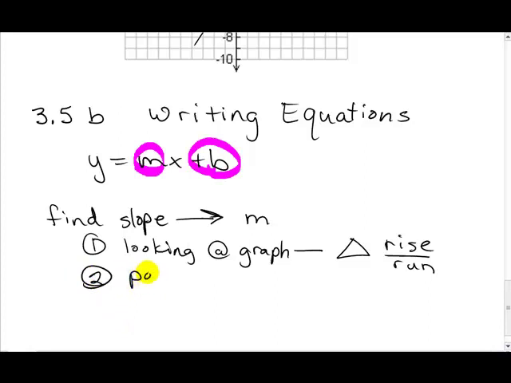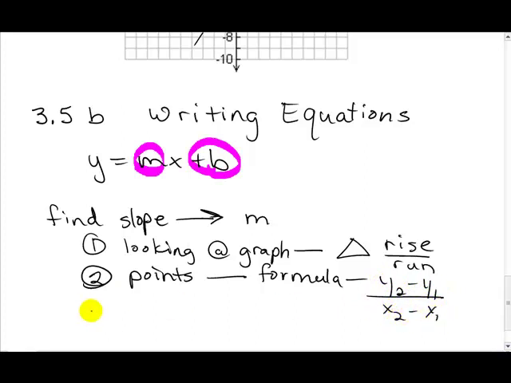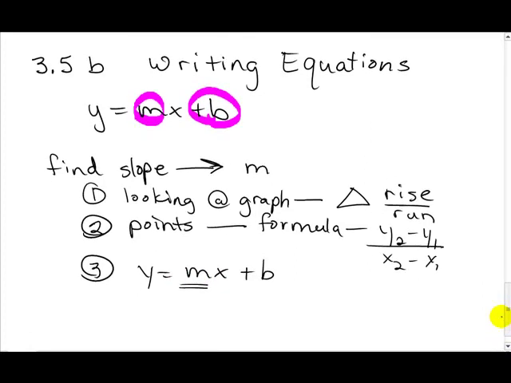If you have points, it's the formula: y2 minus y1 over x2 minus x1. And then 3, we talked about, it's what's in front of x. And you may need to know this one also if you're doing some comparing with some other lines. You want to remember that.